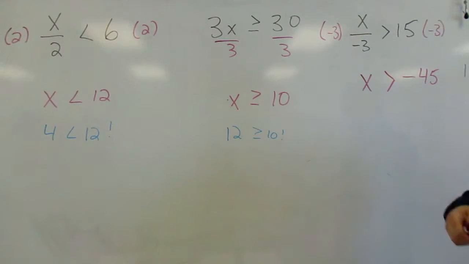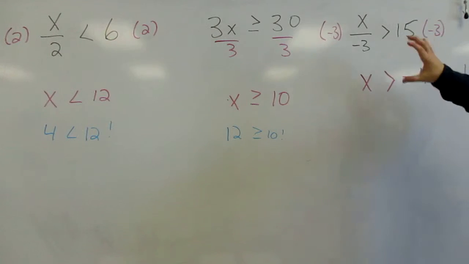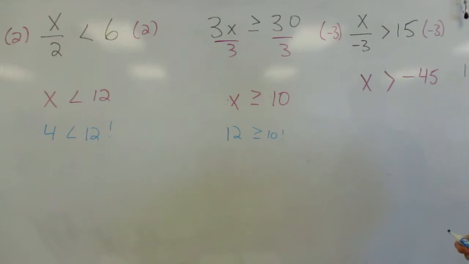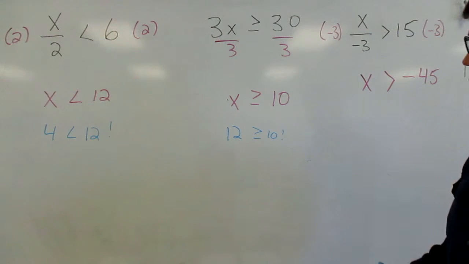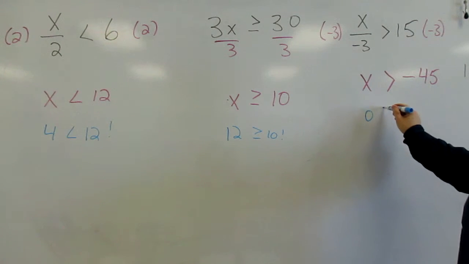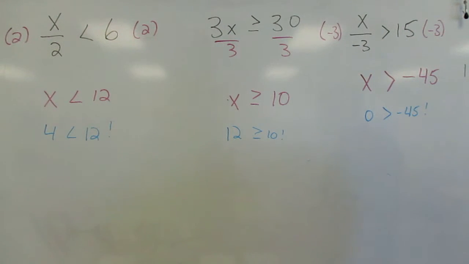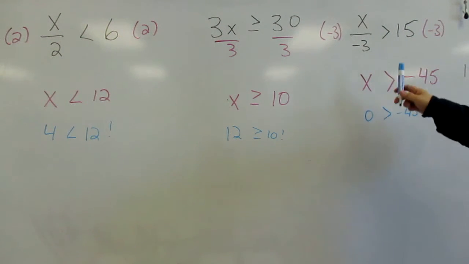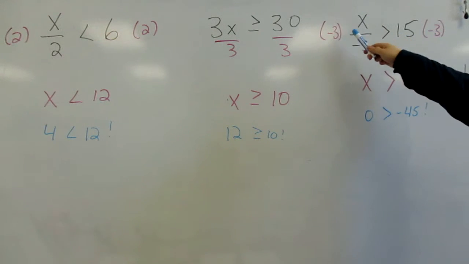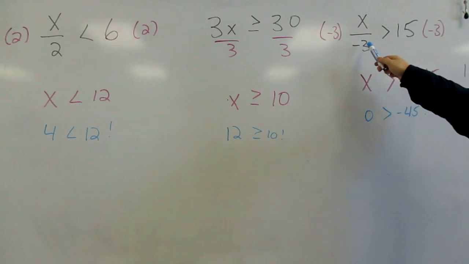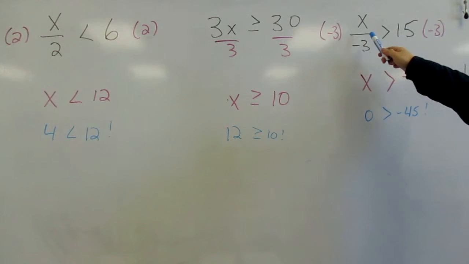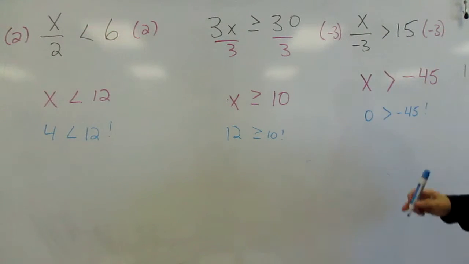Let's again test to see if this holds true. What number do we know is greater than negative 45? 0 is greater than negative 45, so that's true. Let's go up here though. 0 divided by negative 3 is 0. Is 0 greater than 15?